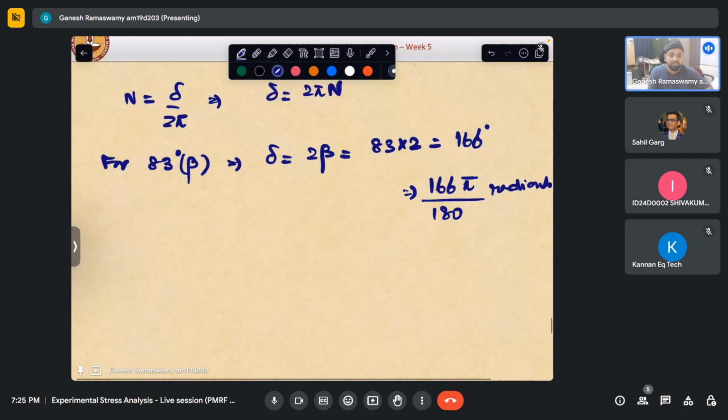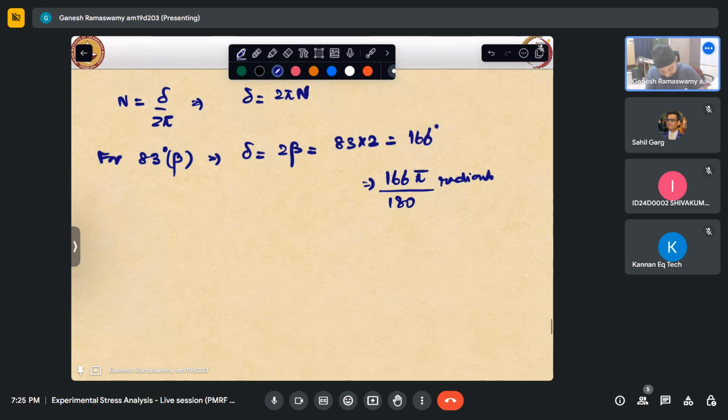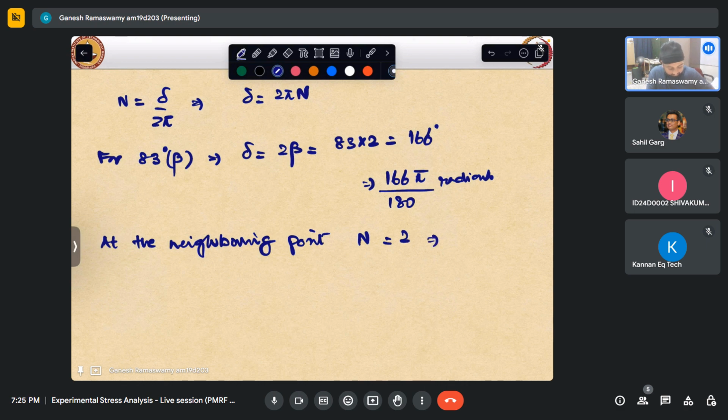So this is the artificial retardation that has been brought about. Now, at that point, at the neighboring point, fringe order n is already 2, which implies it is 2 pi into 2 is the retardation at that point.